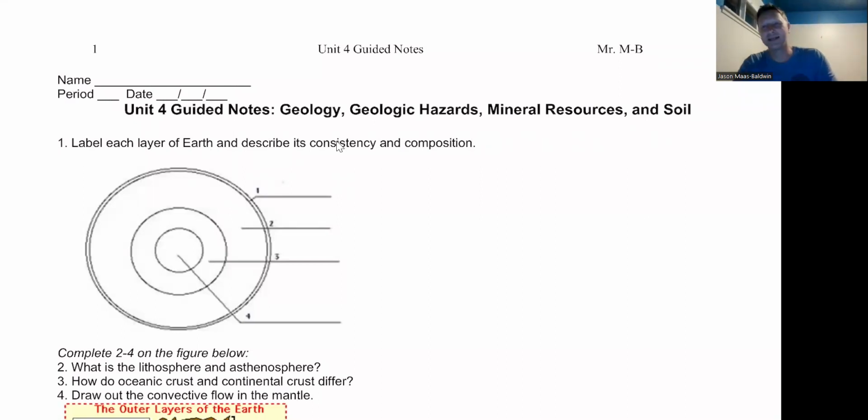That'll take us right into our ag unit, which is arguably many people's favorite unit. So here we are on the Unit 4 packet. If you were not given it, I'm posting it on Google Classroom for you to print out. But let's get going.